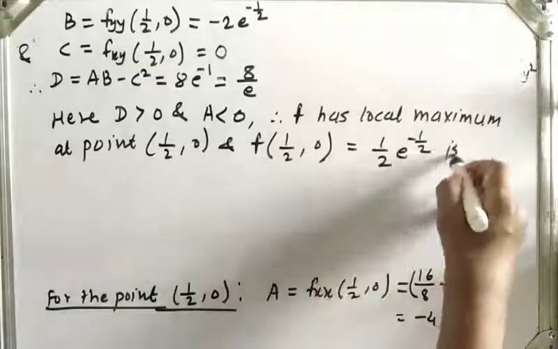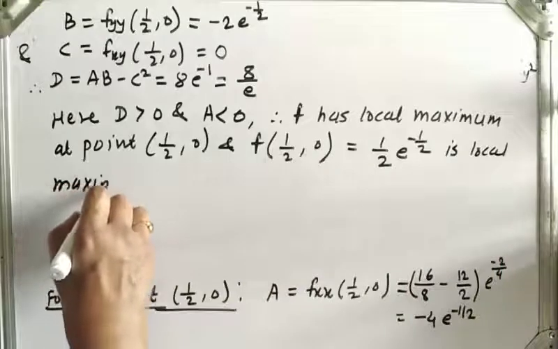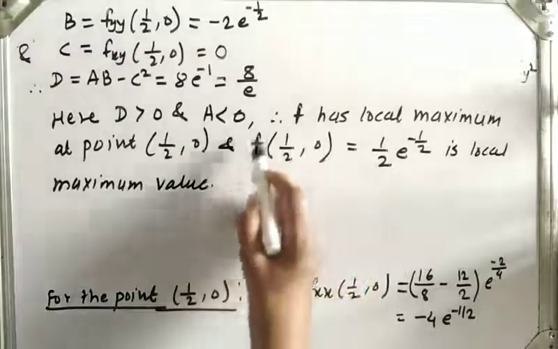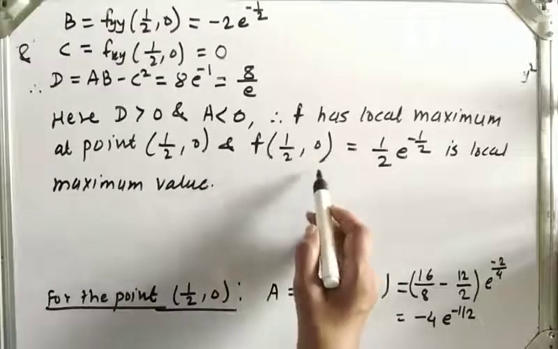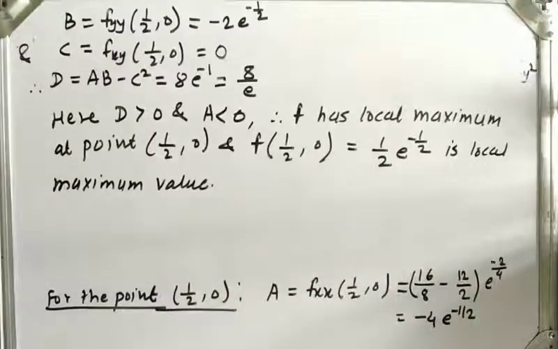This is the local maximum value. You can check this value. f of xy is given, so put 1/2 for x and 0 for y, and you get this local maximum value. This is for one critical point, (1/2, 0).